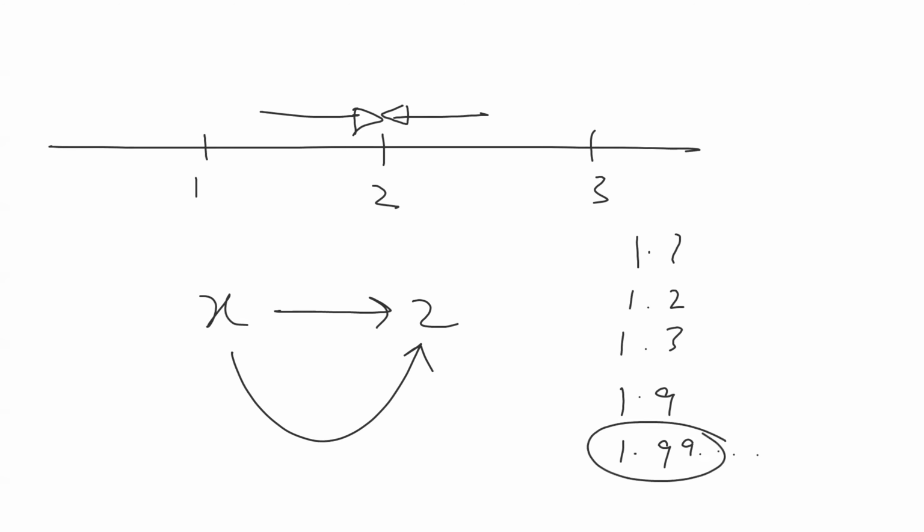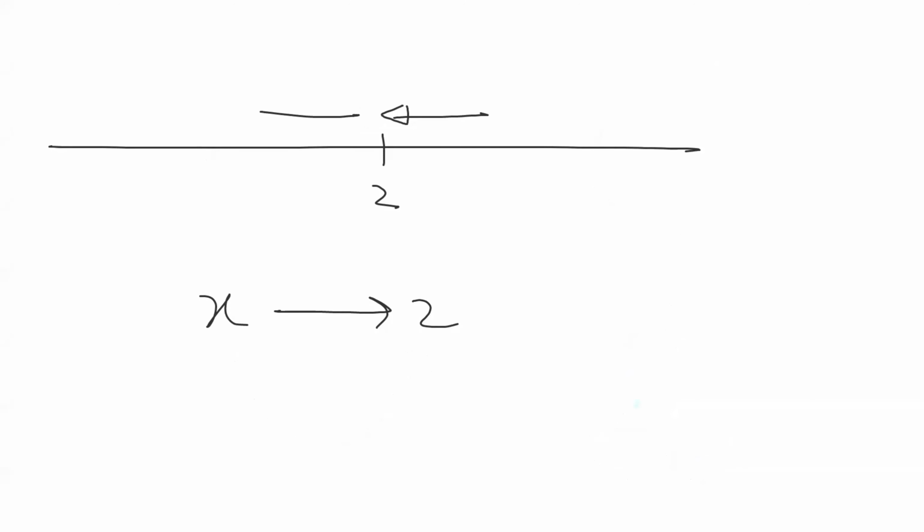So the value of x approaches 2 from the left hand side. The nearest value will be 1.9999999, which is not exactly equal to 2, but very close to 2, and we can say it is approximately equal to 2.